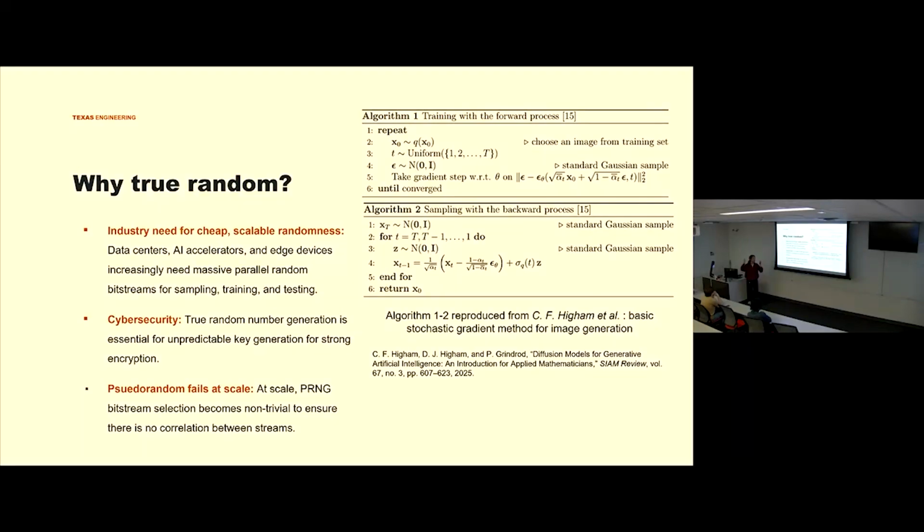If you keep scaling and you don't choose your seeds correctly, your bit streams could actually overlap, and then you have underlying correlations between them. That's one additional problem with scalability. Also, in the case of cybersecurity, if you seed your pseudo-random numbers with something like the date, that can easily be compromised, and then the strength of your keys goes out the window.